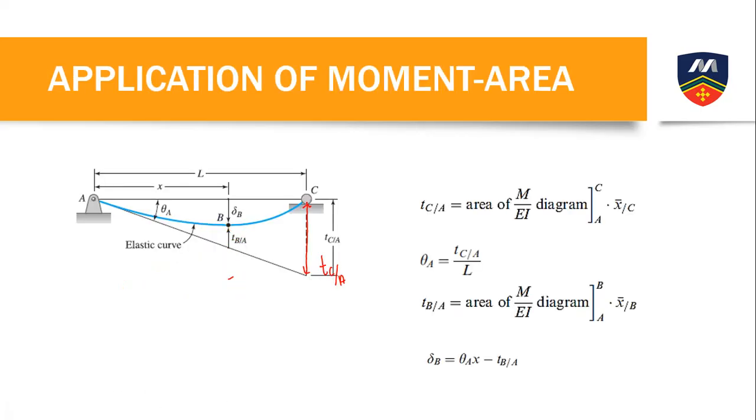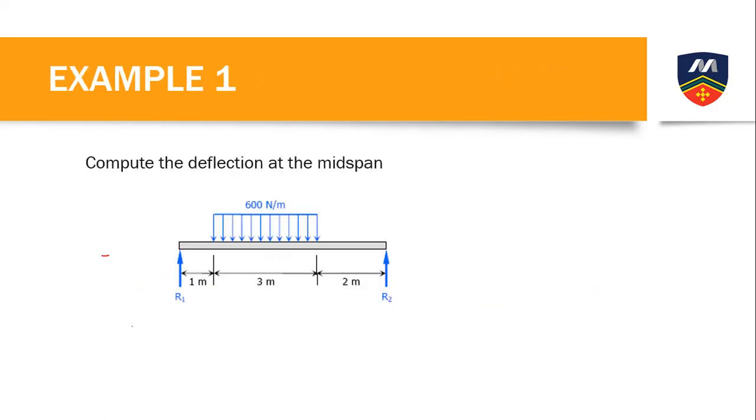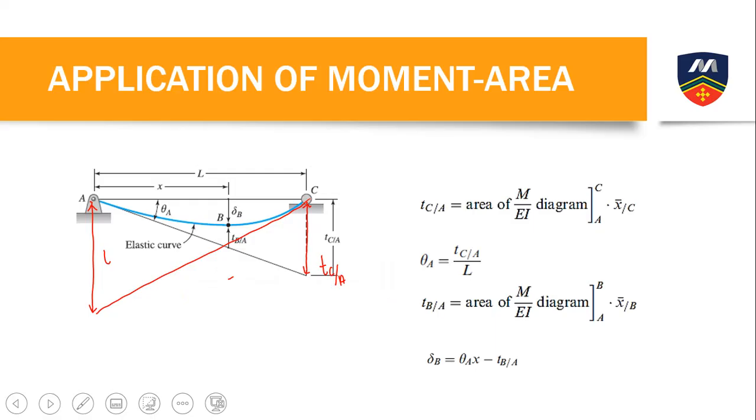Okay, if we get the tangent line at this point, that is just the deviation of A relative to C. Again, this is the tangent line of C. So therefore, this height is the deviation of A relative to C. Okay, how about this one?